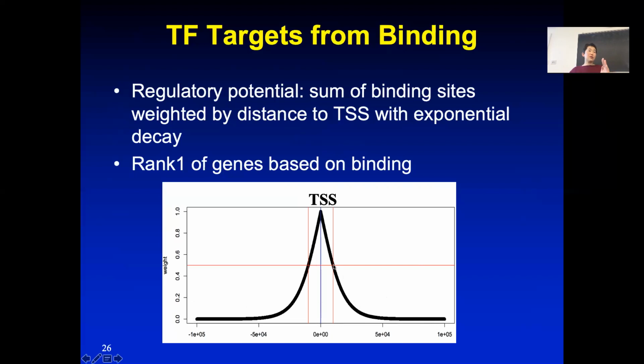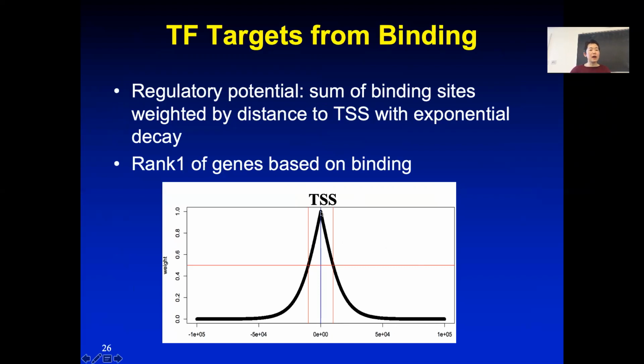If it's 20 kb away, that's only a quarter of a binding. Every 10 kb it decays, and by 100 kb it pretty much has very low effect. So basically for every gene, we ask how many bindings are near this gene, and we weight each binding by its distance with this exponential decay.